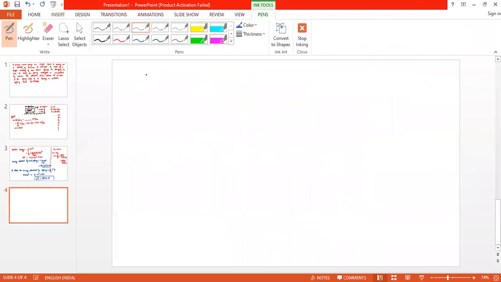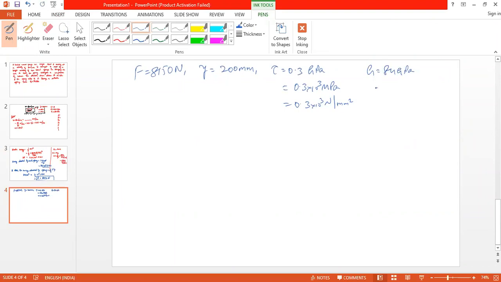Okay, so now F is equal to 8150 Newton, Y is equal to 200 mm, and tau is equal to 0.3 gigapascal, that is 0.3 into 10 power 3 megapascal, that is equal to 0.3 into 10 power 3 Newton per mm square, and G is 84 gigapascal, so it is 84 into 10 power 3 Newton per mm square.